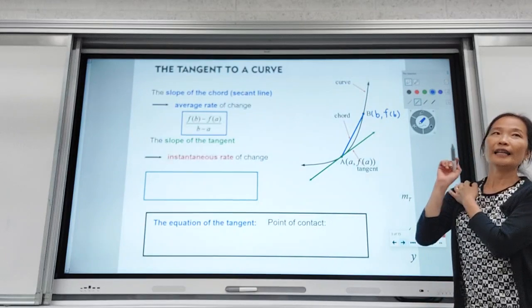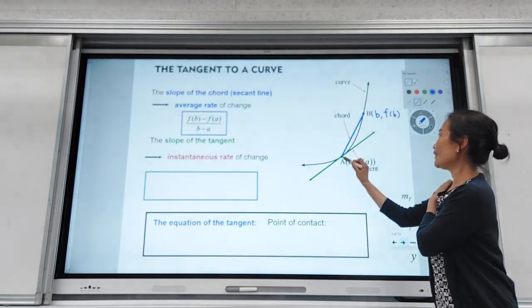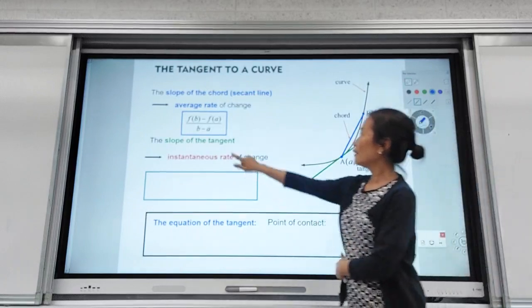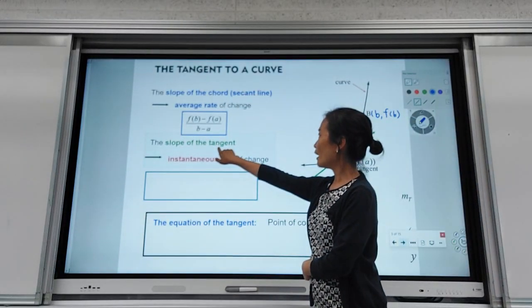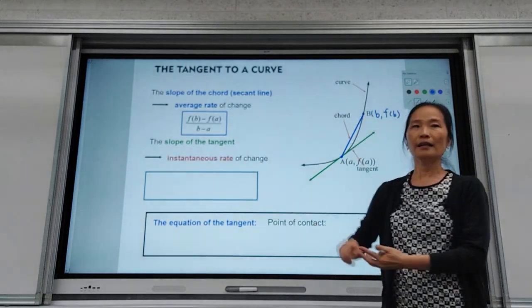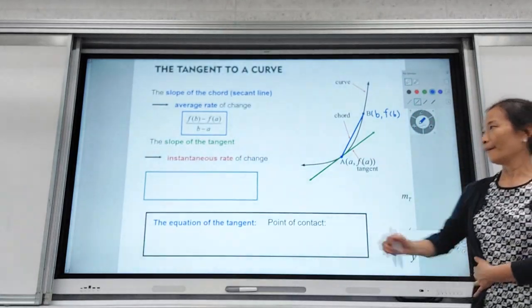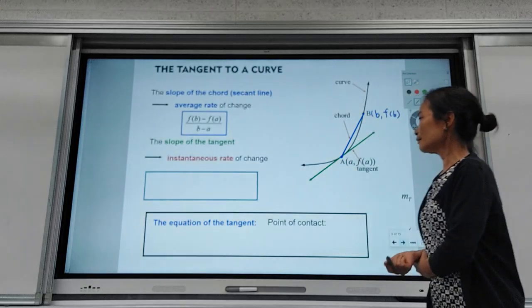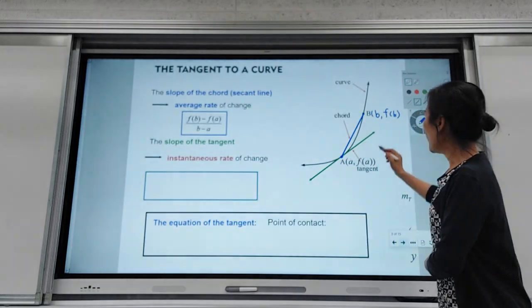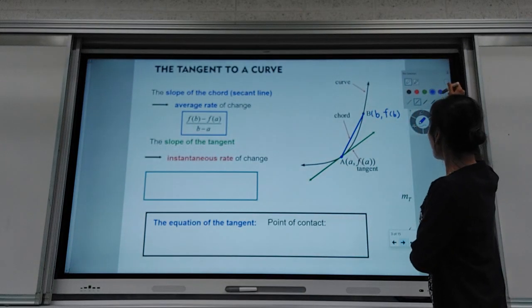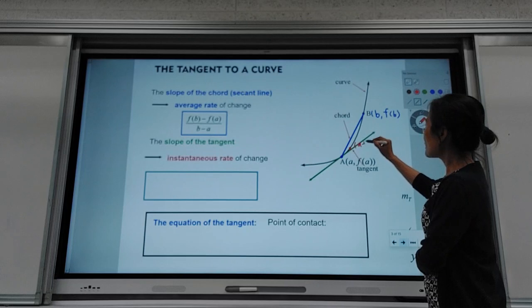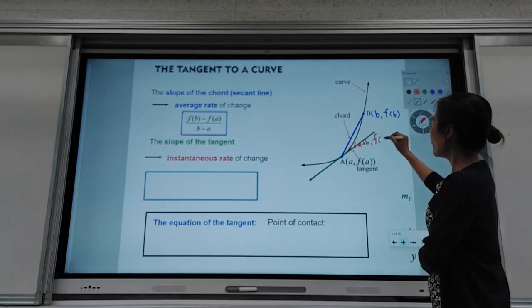If I want to find the slope of tangent at A, slope of tangent, right, is the instantaneous rate of change. What would that be? Well, you're going to have a nearby point right here, a plus h, f of a plus h.